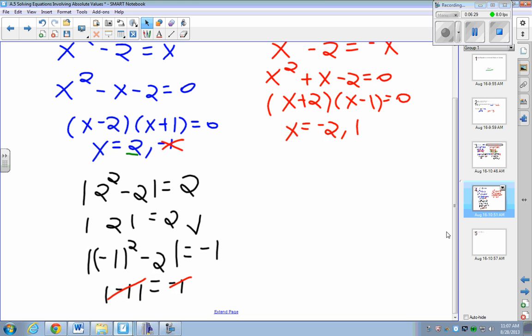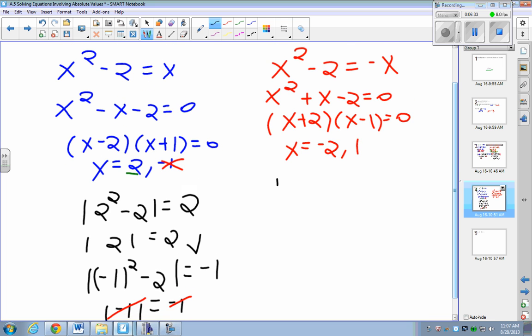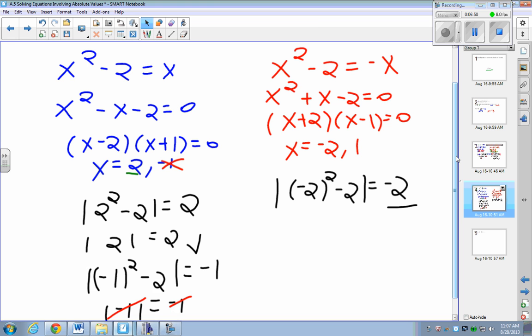All right, now let's look at our other two. And so for here, we'll have negative 2 squared minus 2 is equal to negative 2. So right here, this negative 2, right away we can just tell that x equal to negative 2 won't be a solution, because the absolute value of anything negative is going to be positive.